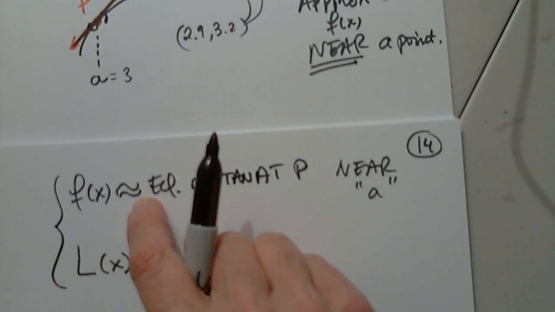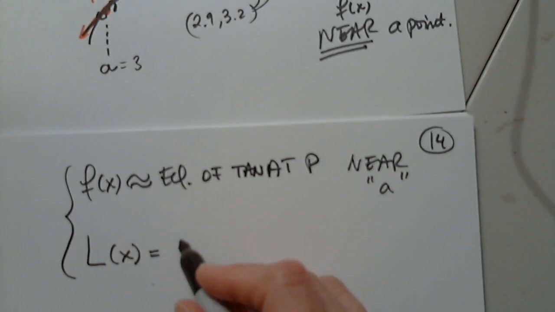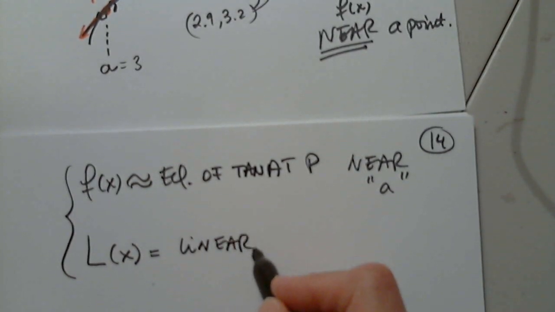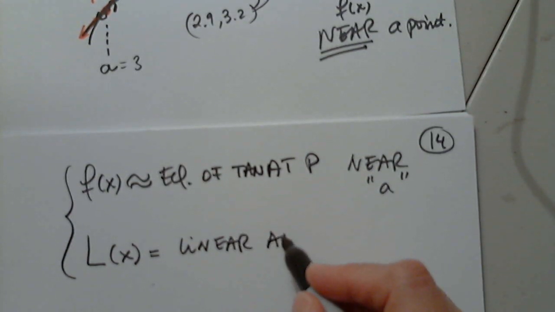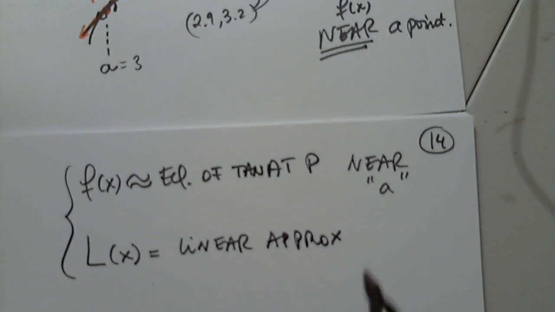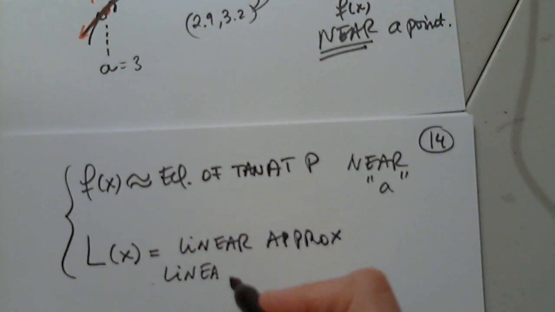So here I'm using the squiggly symbol. Here I'm using the equal symbol. This is the linear approximation. I wanted to say linearization. So sorry, I'm going to erase this. So this is L, linearization. They are the same.